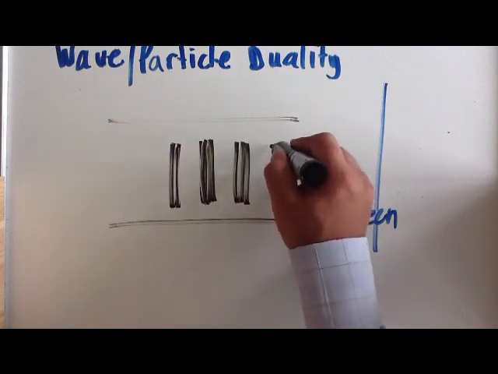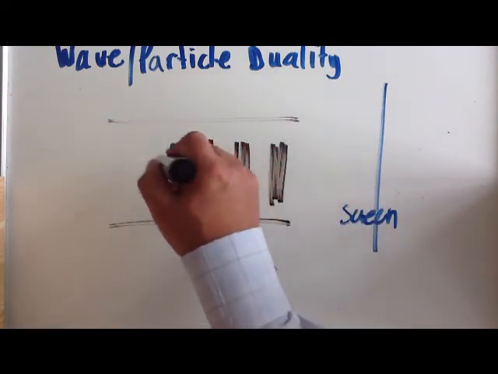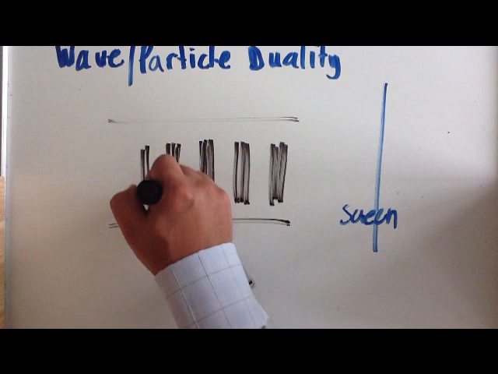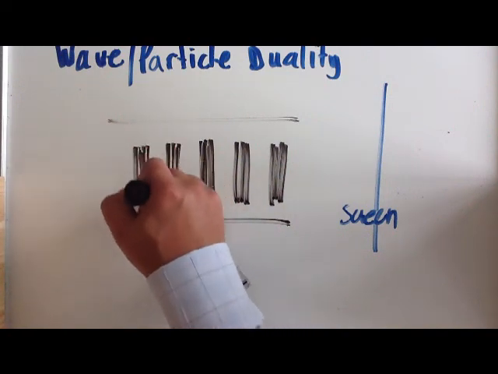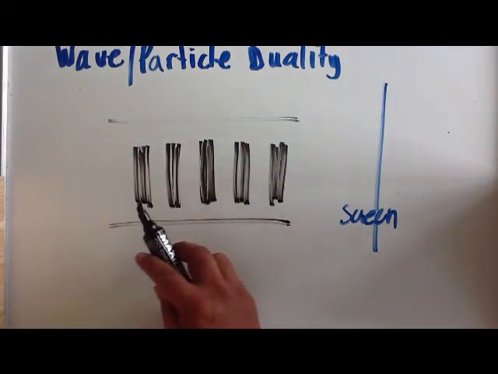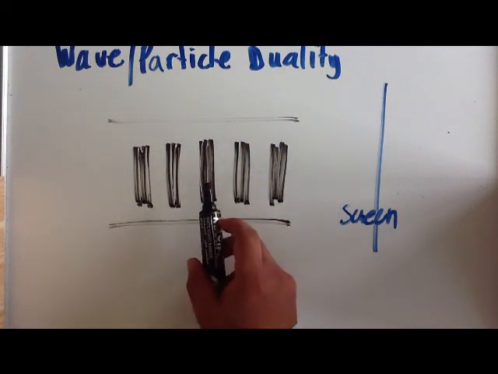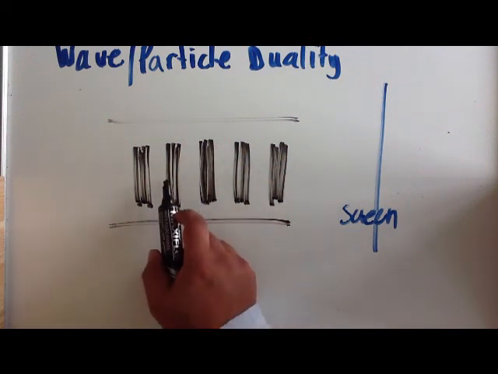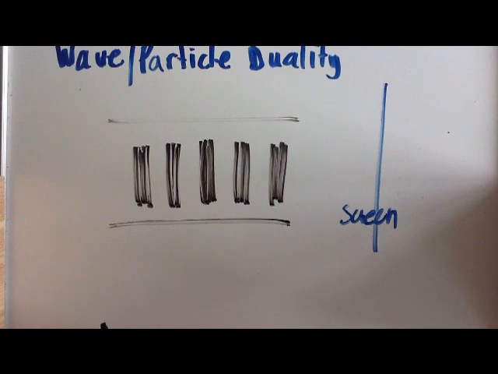Remember, these bands have equal spacing, where we have the central maxima and the minima going out from there. And we see this pattern of light and dark bands, maxima and minima, maxima and minima.